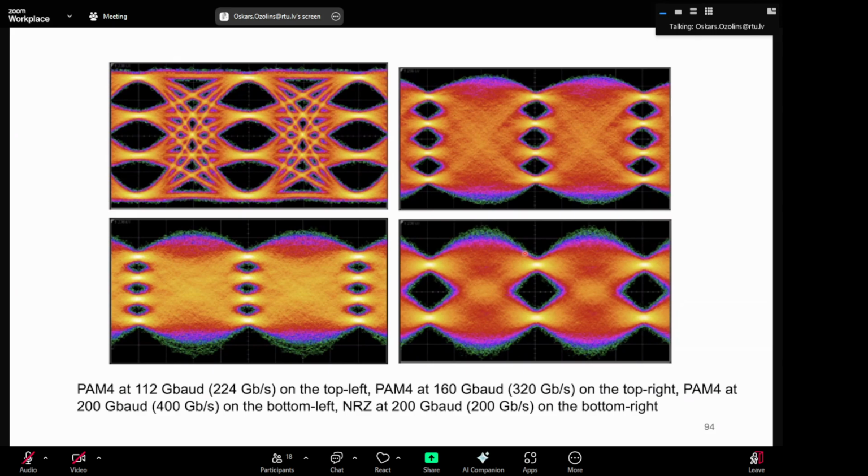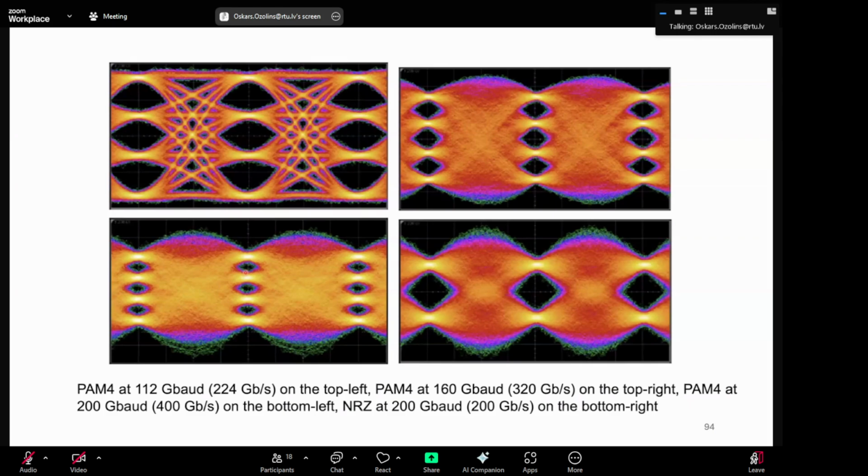On the top left we have a 112 gigabaud signal, which is 224 gigabits. Then on the top right, the symbol rate is increased from 112 gigabaud to 160 gigabaud. And then it is increased even more on this graph, which is 200 gigabaud for 400 gigabit net rate.